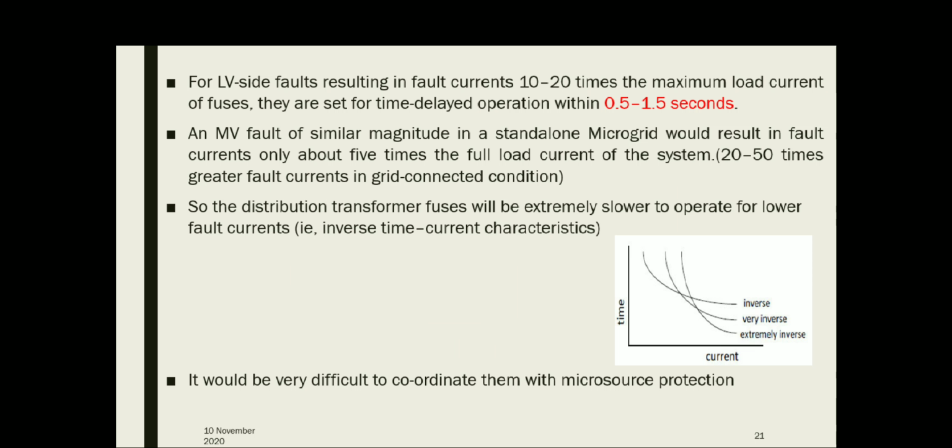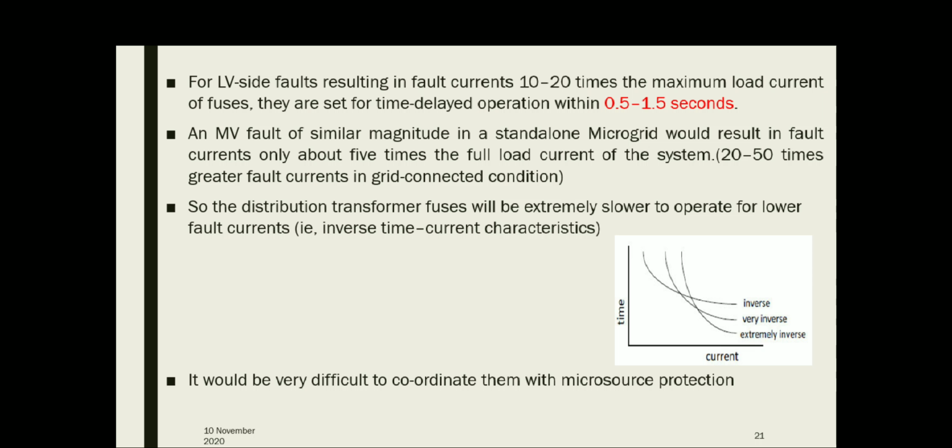Actually, the problem of the protection system of a standalone microgrid is the drastic reduction in the fault level. A medium voltage fault of a similar magnitude in a standalone microgrid would result in a fault current of only about 5 times the full load current of the system.